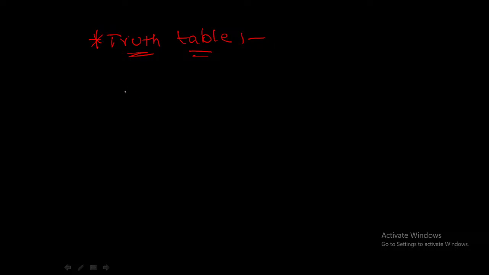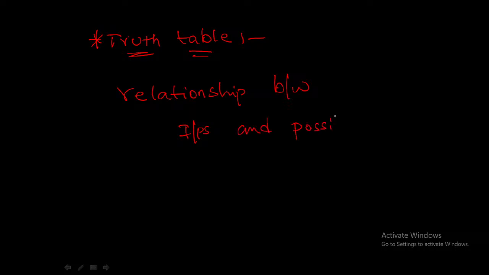Basically, a truth table describes the relationship between inputs and possible outputs of a logic device or logic circuit.